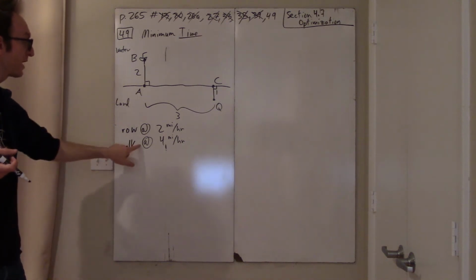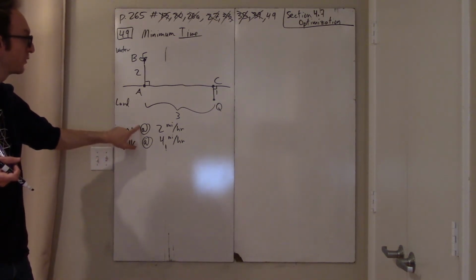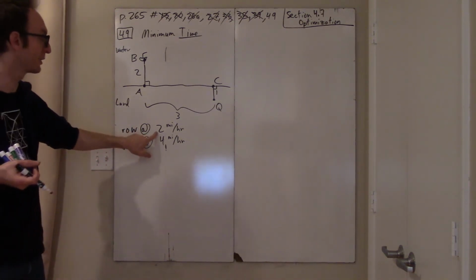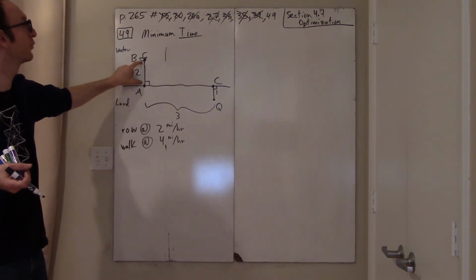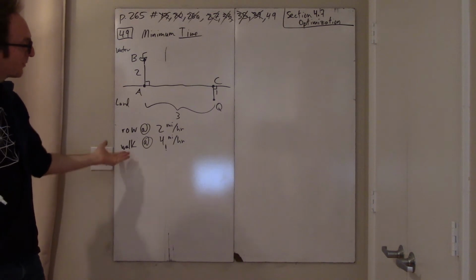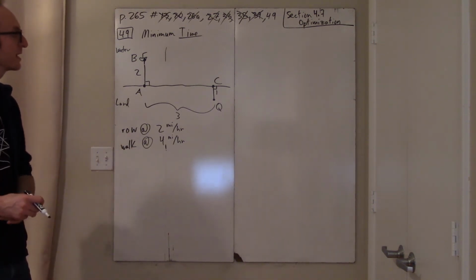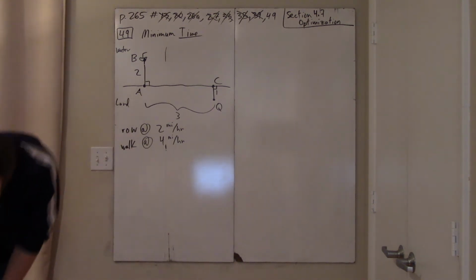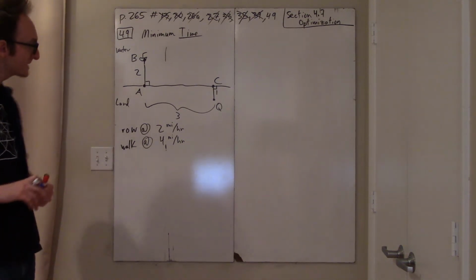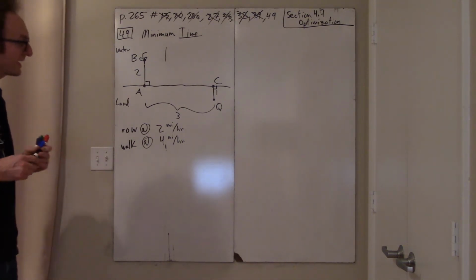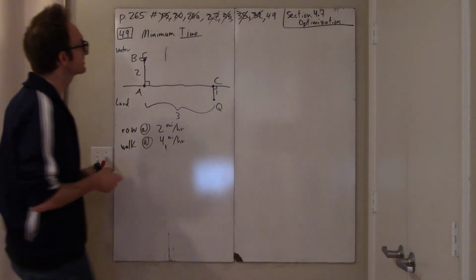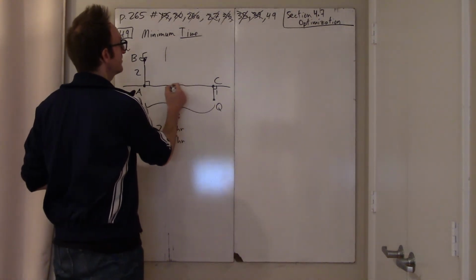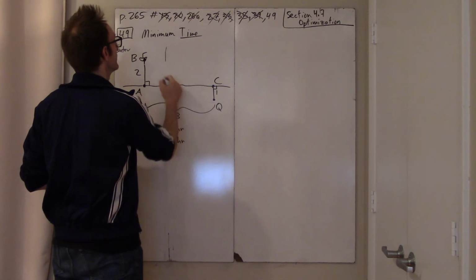If it turned out that our rowing rate was way slower than our walking rate, then perhaps we would try to do almost no rowing. But here, we're twice as fast walking as we are rowing, and so what becomes interesting is, if all I care about is minimizing the total time of this trip, then it seems plausible that there's going to be some kind of medium.